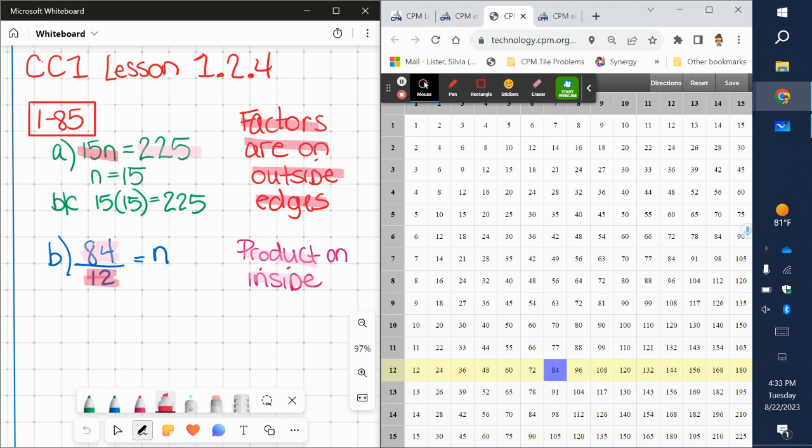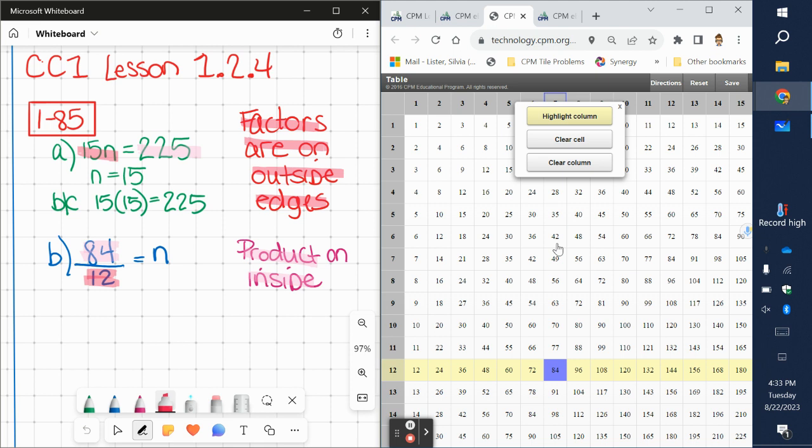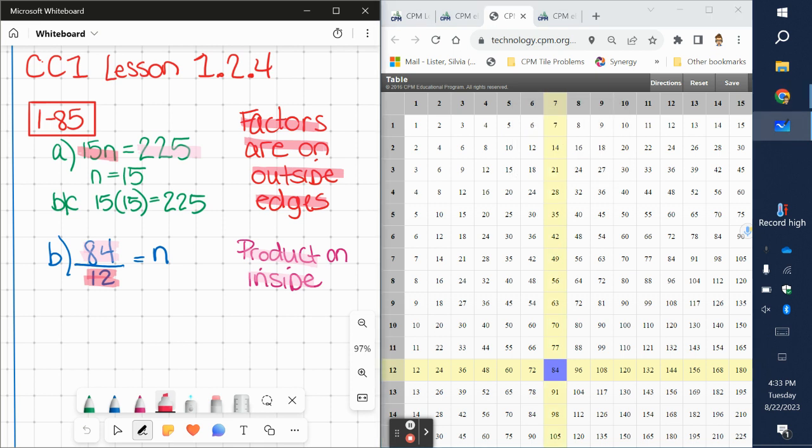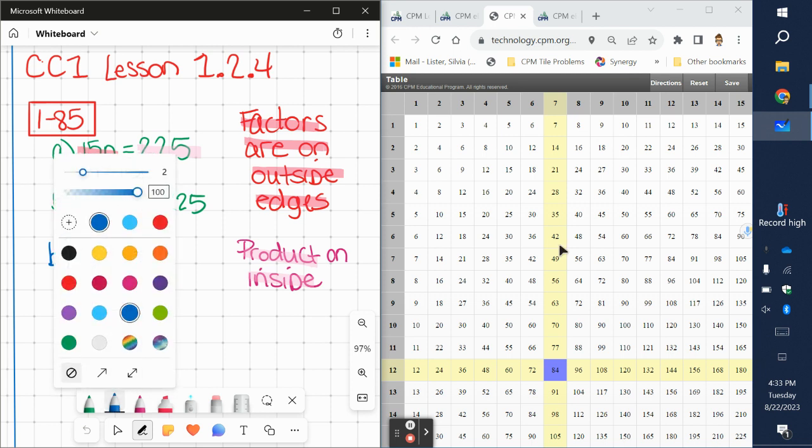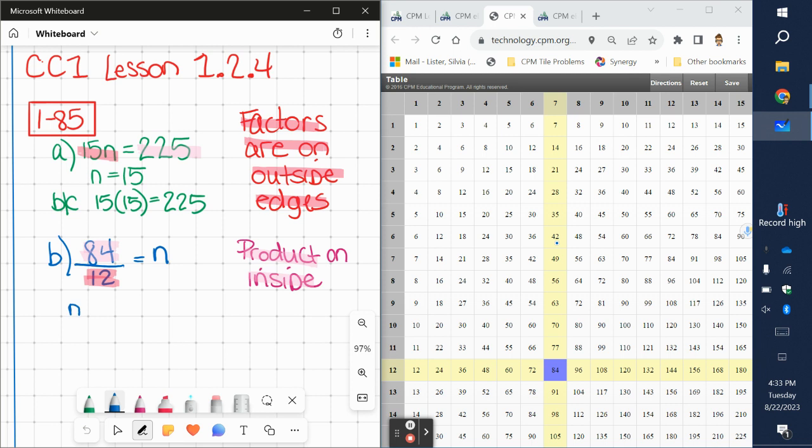There's my 84. Now I need to move my toolbar. You don't have this problem. I need to go find the top column and figure out what number n is. Well, n equals 7. I know that because 7 times 12 equals 84.